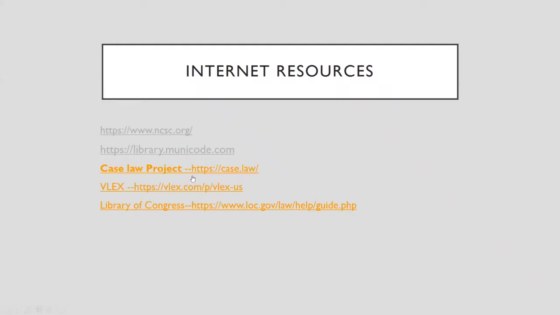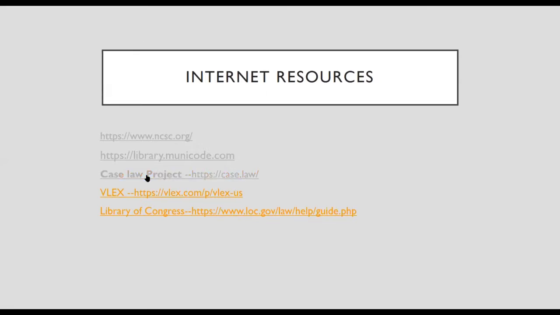And this is a new project that was created, and it's called the Case Law Access Project. The purpose of the project is to provide access to case law for individuals who otherwise wouldn't have this information available to them. This is the Louisiana portion.